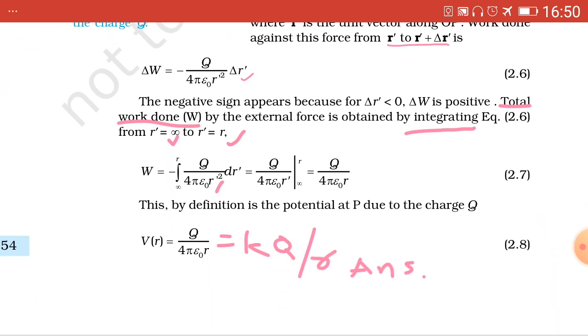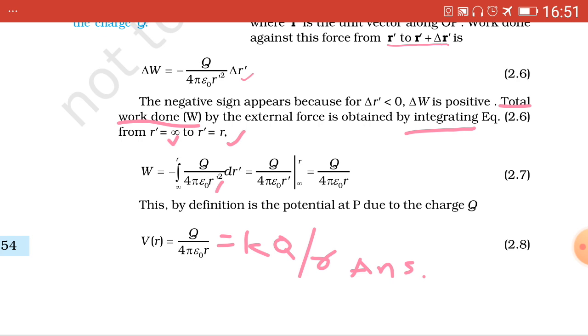Therefore, W will be equal to minus integral from infinity, the lower limit, to r, the upper limit. Now how to solve this integration? Q upon 4 pi epsilon 0 r dash square dr dash, integrate with respect to r dash.